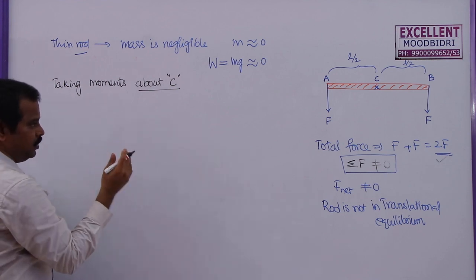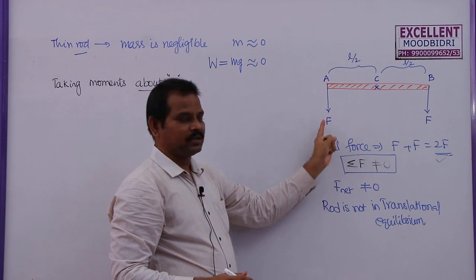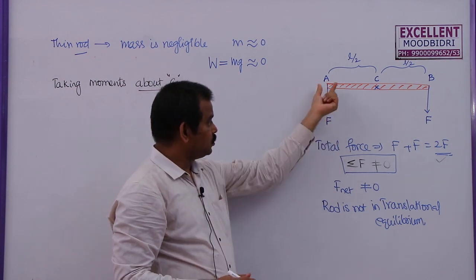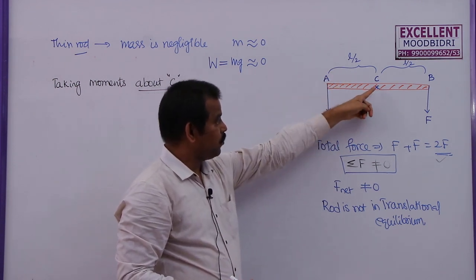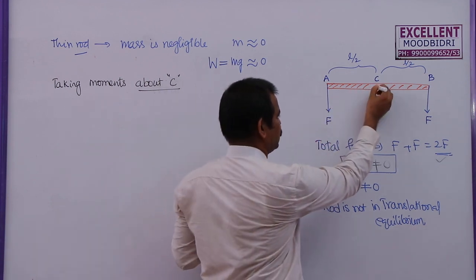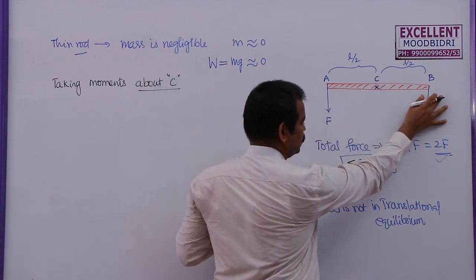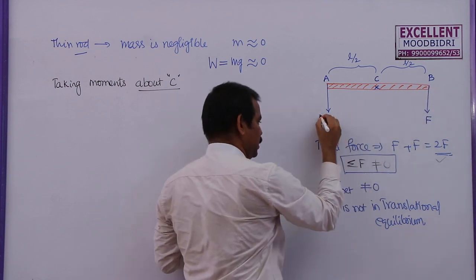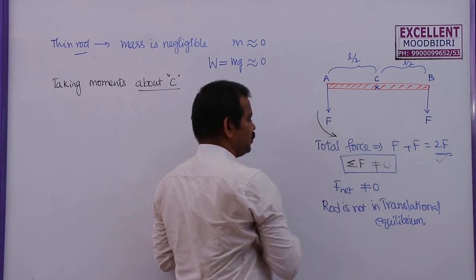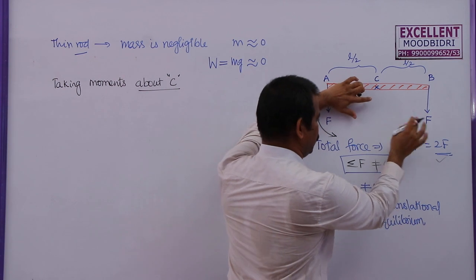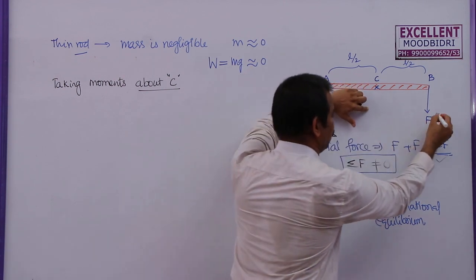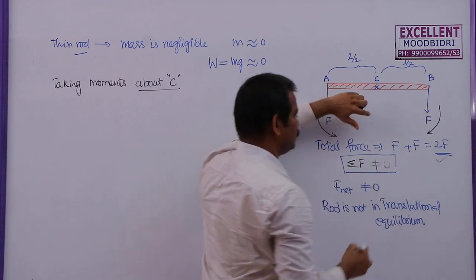We know that if only this force is acting on this rod, then this force can rotate this rod about this point. Let us say this is a fixed point. If this force is absent and only this force is acting, then the rod would rotate in this direction.